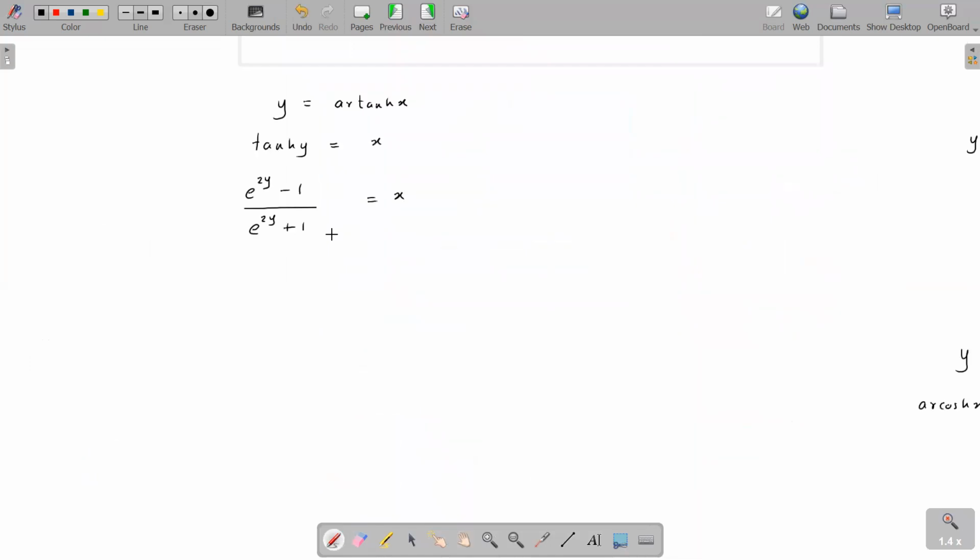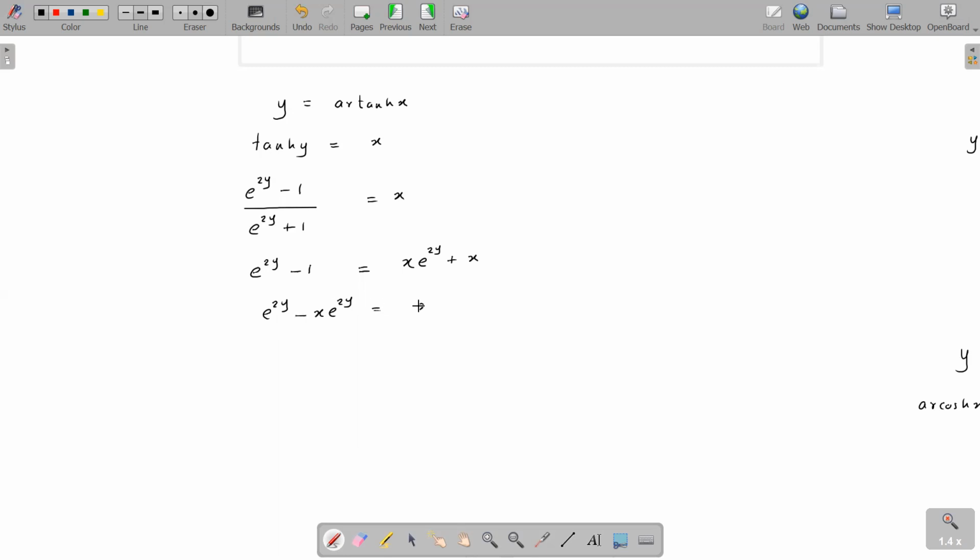And then let's rearrange the equation. e to the power 2y minus 1 equals x times e to the power 2y plus x. All right, guys. I think you can see in this case, we don't need to create a quadratic equation because the e to the powers are similar, e to the power 2y in all the places. You don't have different powers of e to the power 2y, so we can work with it easily, right?